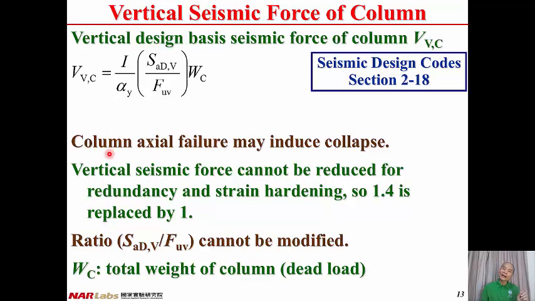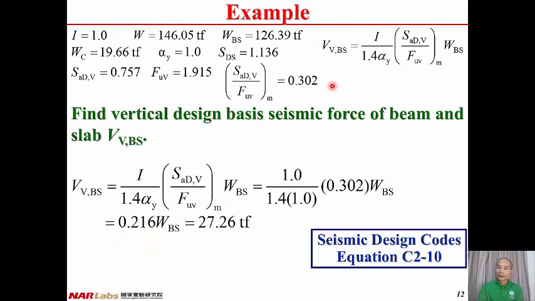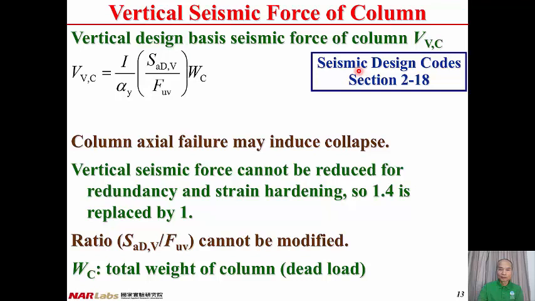Since column axial failure may induce collapse of the structure, the vertical seismic force of the column cannot be reduced due to redundancy and strain hardening. So 1.4 is replaced by 1 here. For beam and slab, we have 1.4 here, but for column, 1.4 is replaced by 1.0.